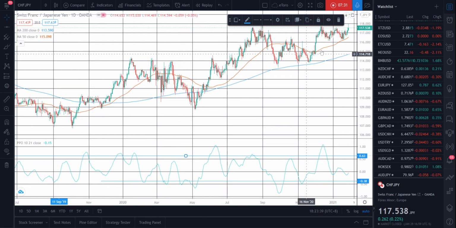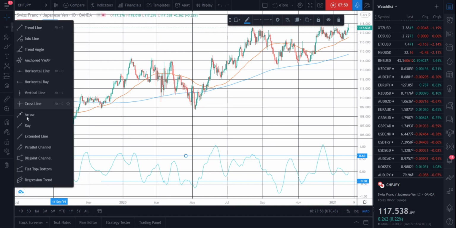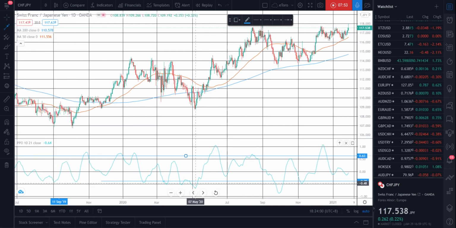When we are in an uptrend, like here, and we are in an oversold area, it's a very good entry point. So you buy here, as you can see, just looking at another arrow.